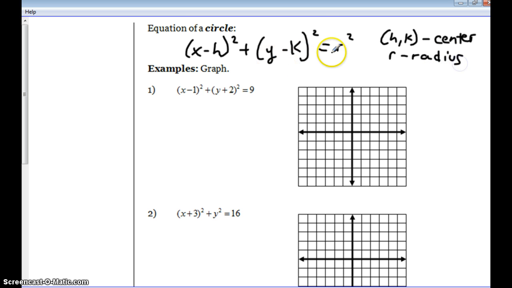Notice how it's always equal to r squared, so you'll have to take the square root of this number once it's in standard form to find the radius.